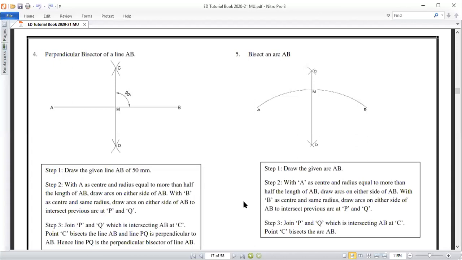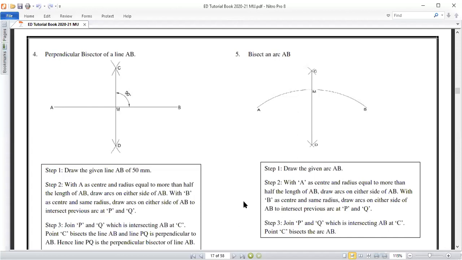You can see, draw a given line AB of 50 mm. With the point A as a center and the radius equal to more than half of the length AB, draw an arc on either side of AB.